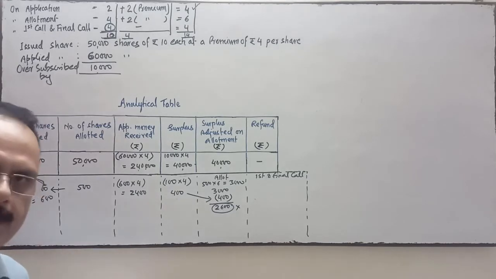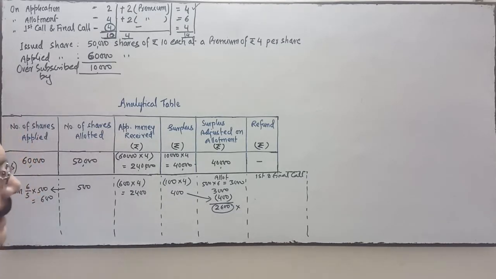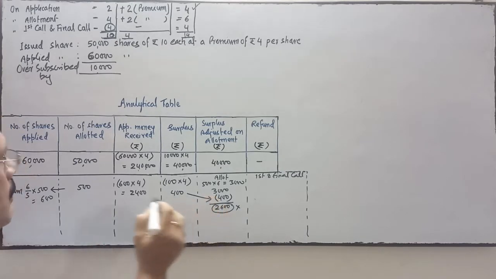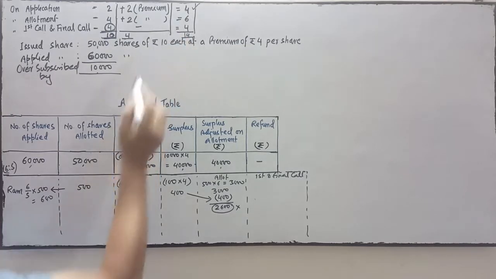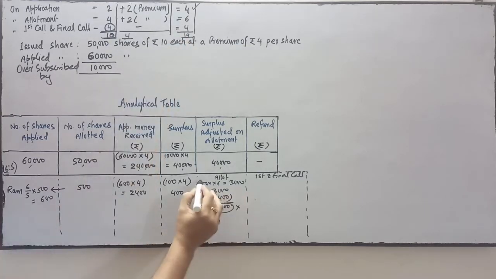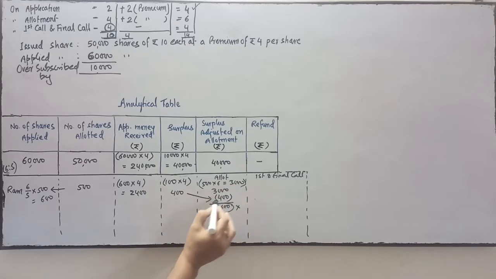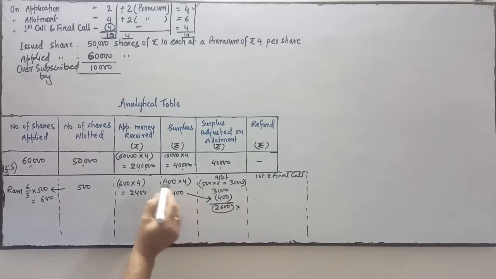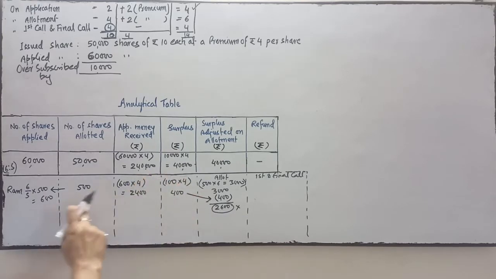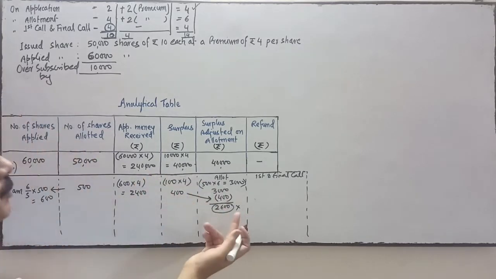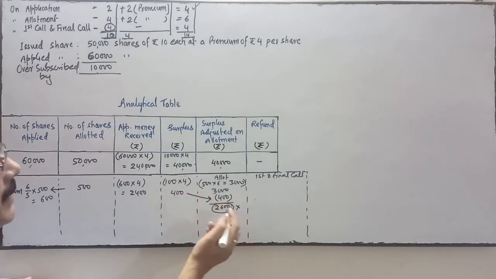2600 is the arrear on allotment. Okay, is it clear? Because on allotment, for 500 shares he has to pay rupees 6 per share, so 3000. But out of this 3000, 400 is adjusted from the application money given by this shareholder, the additional money which we have to adjust on allotment.